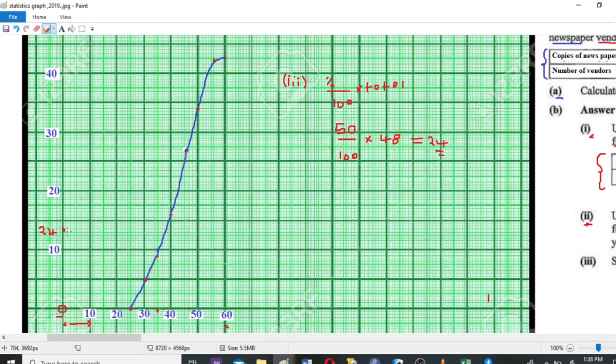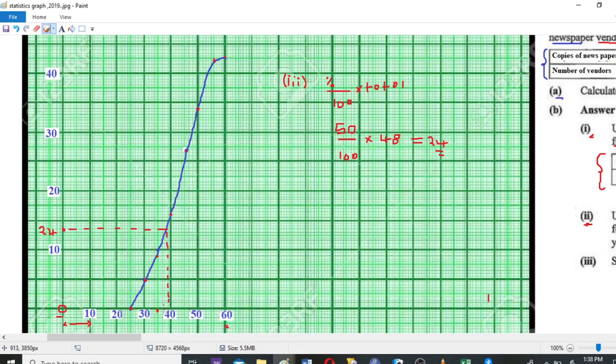Now from this 24 we need to draw a straight line until you meet your graph. Upon meeting your graph, now you can start going down. The value that you are going to get, that is our 50th percentile.